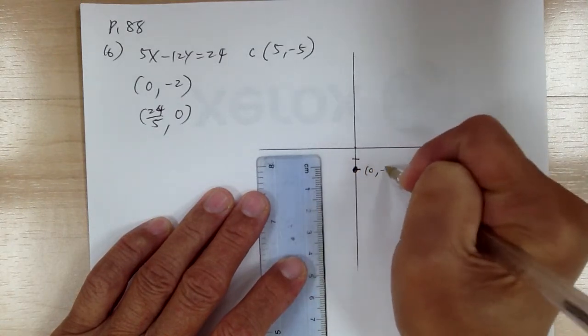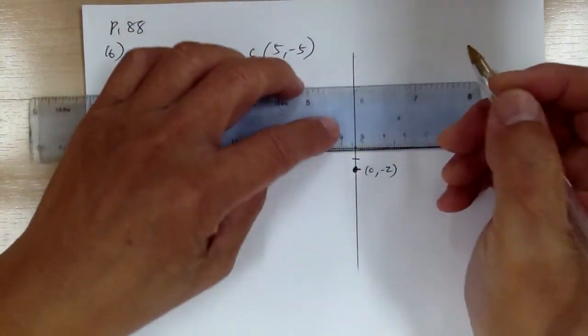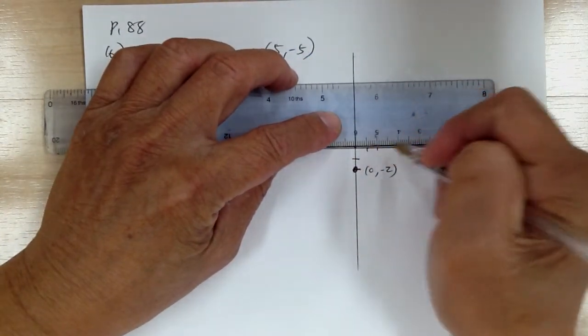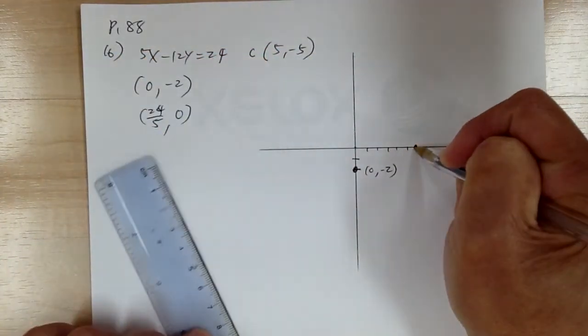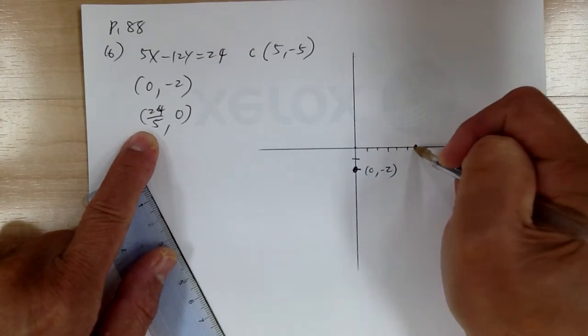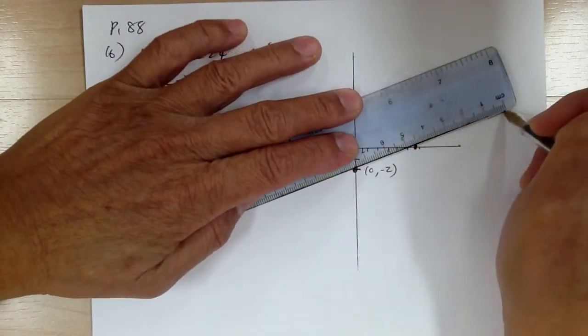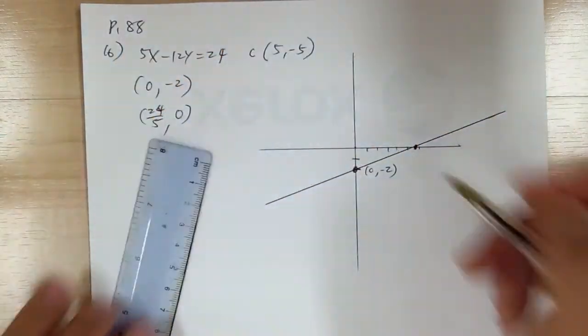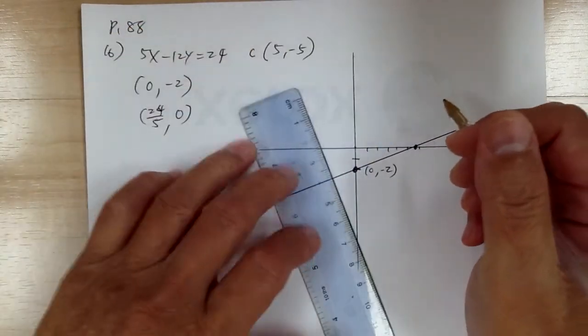So here's 0, negative 2, and this is about 5.8. Okay, so it's right over here, 5.8. Okay, and then, okay, so that is the line, and then your center is at 5, negative 5.